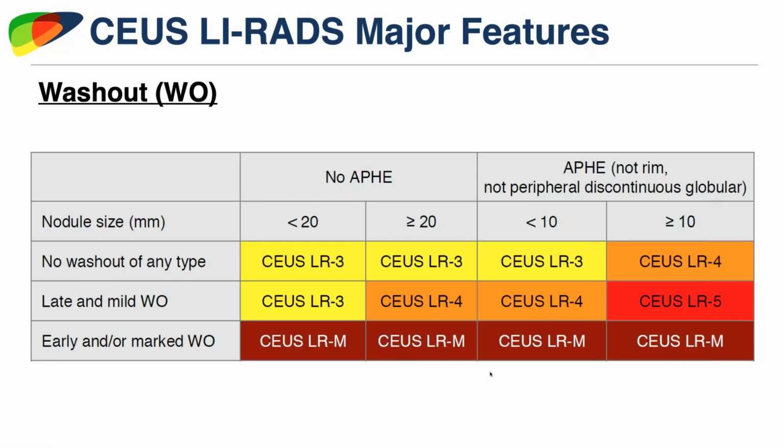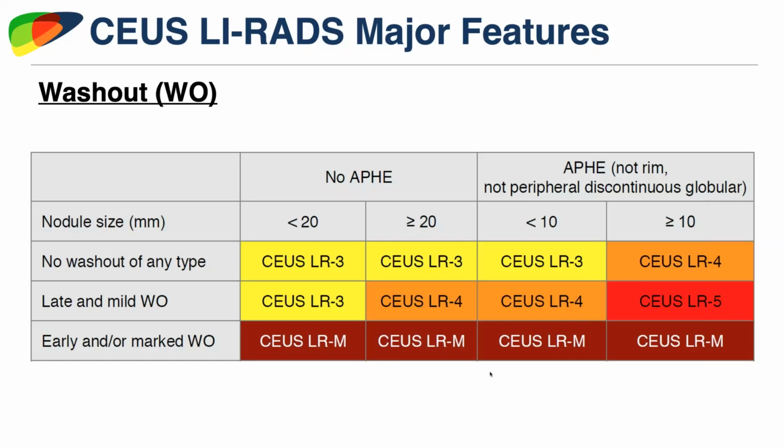The reason that this is so important is that when we first started to advertise contrast-enhanced ultrasound as a modality for diagnosing HCC, many cholangiocarcinomas were misdiagnosed as HCC, and obviously that created a lot of concern and a lot of headaches in managing those patients that were misdiagnosed.